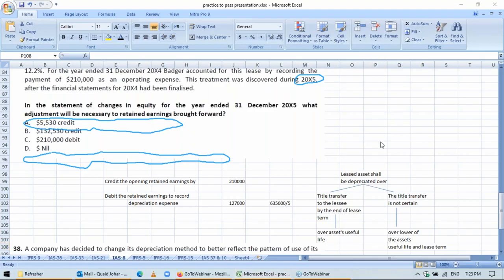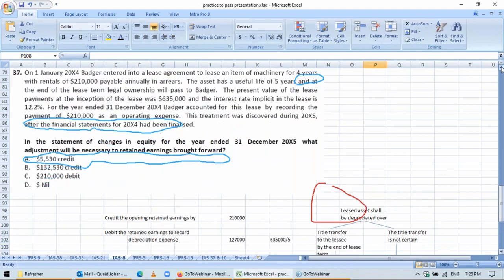In this question, this has happened. Title transfers to the lessee. Look what the question says. According to the question, the asset has a useful life of 5 years and the lease term is for 4 years.